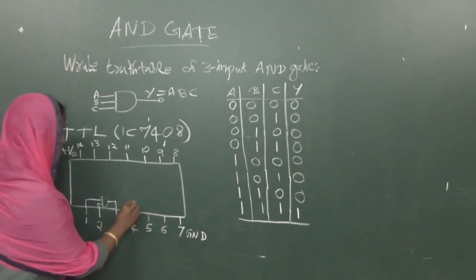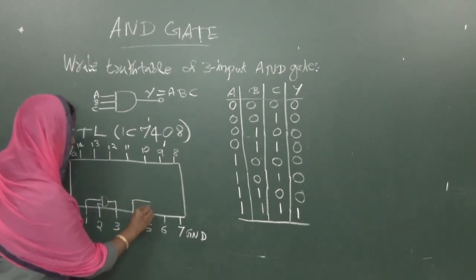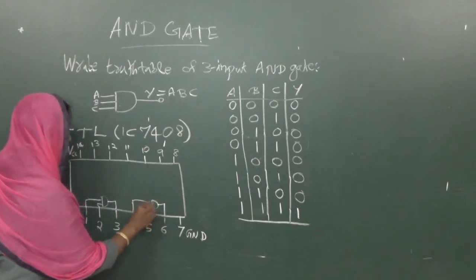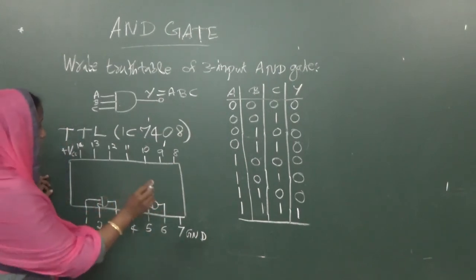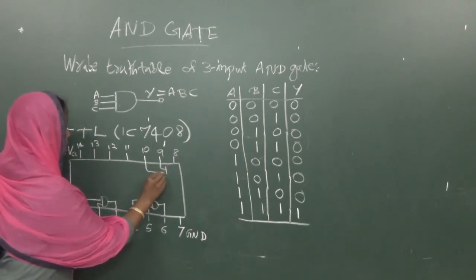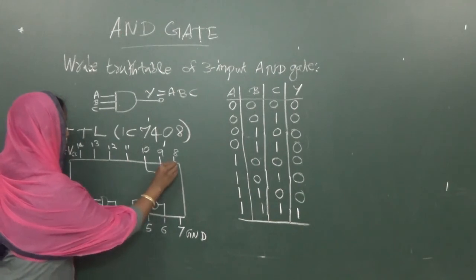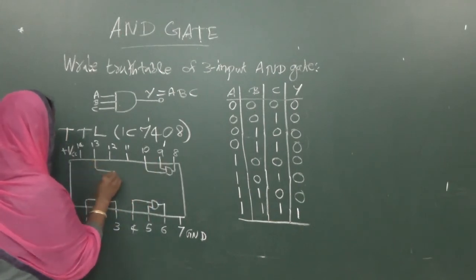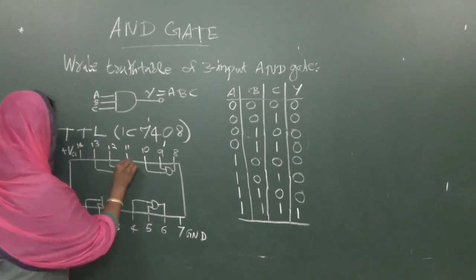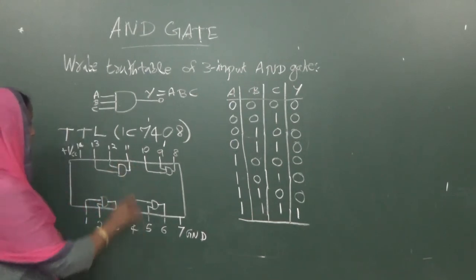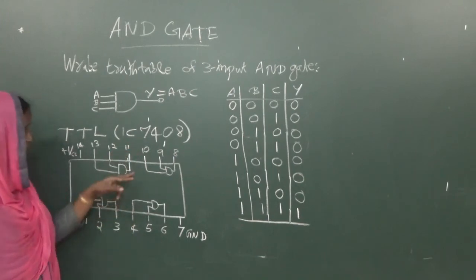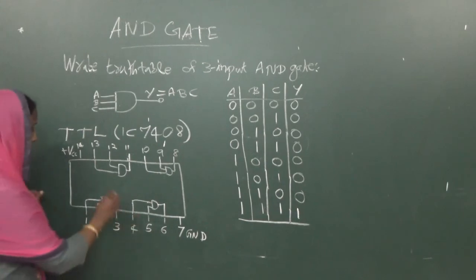Then 4 and 5 together form another. These are the AND gates.